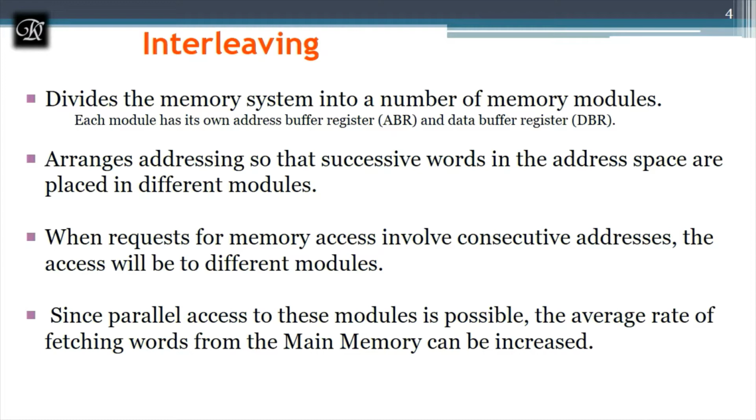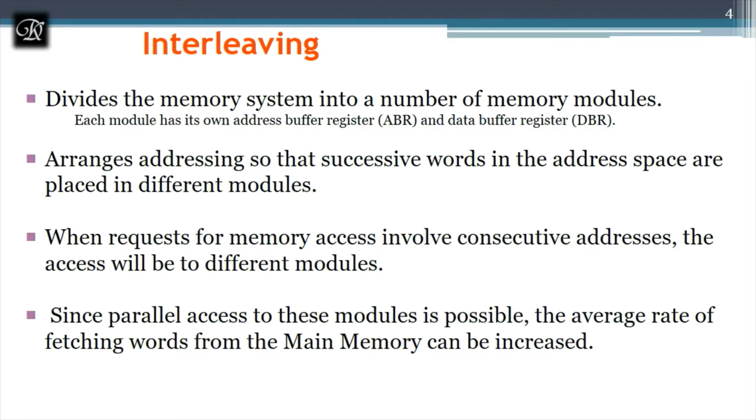Like that, we will have modules for the given data. The complete memory is divided into modules, and for each module we'll have an address buffer register and a data buffer register. And we should arrange these in such a way that successive words can be accessed easily.